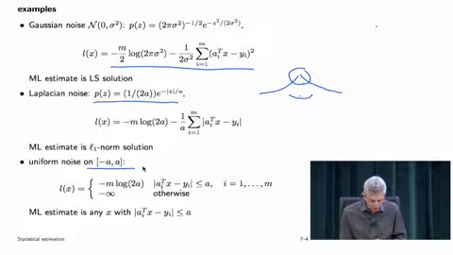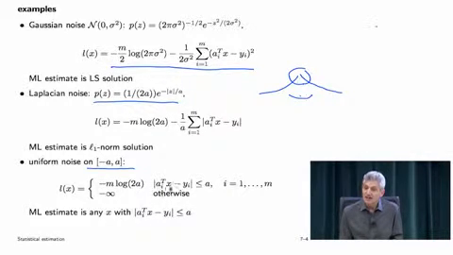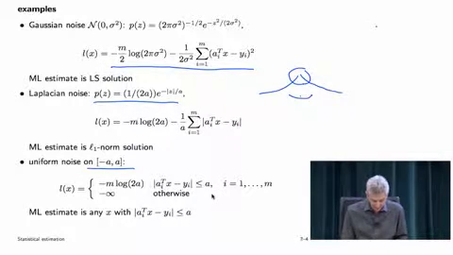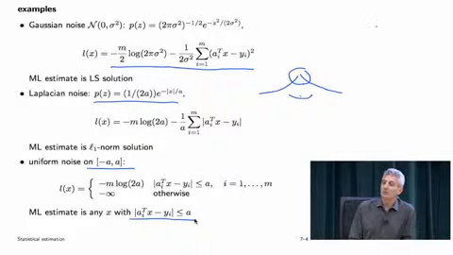Well, if you have uniform noise, then the log likelihood function is actually just constant. And it doesn't matter what constant it is, provided you are consistent with the measurement, right? And so there you simply solve a feasibility problem. And there are multiple maximum likelihood solutions, and you simply choose one that satisfies this condition.